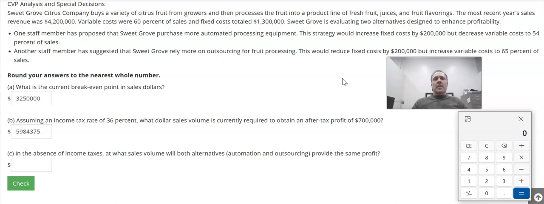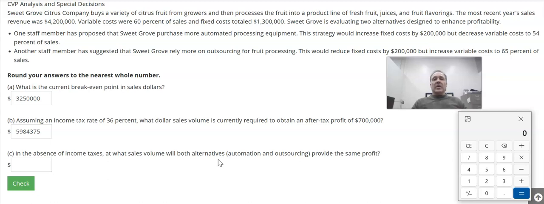Ultimately this company is going to select through a combination of quantitative and qualitative considerations what's best for them. But right now, that's not the question. We're basically looking for an intersect point. Because it says, in the absence of income taxes, at what sales volume will both alternatives, automation and outsourcing, provide the same profit?